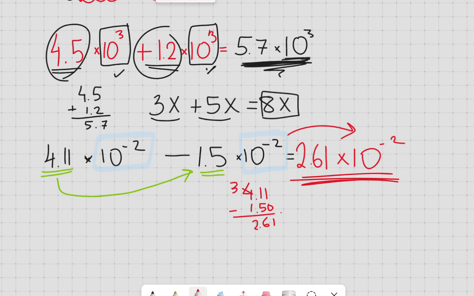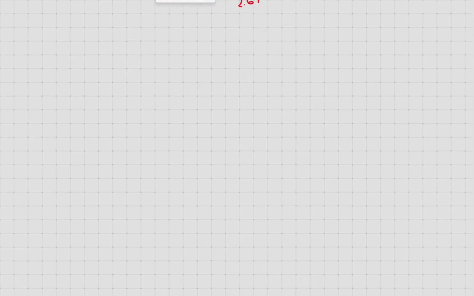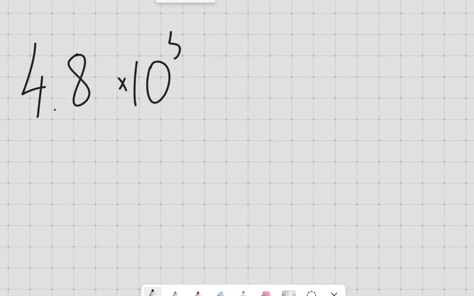So if we have the same exponent, everything is super easy. What if we have this example over here? Let's say 4.8 times 10 to the power of whatever, let's say 5. We add this to 7.3, let's say, multiplied by 10 to the power of 5.